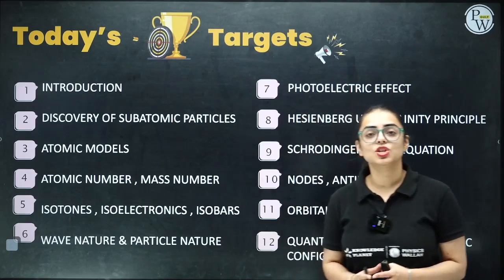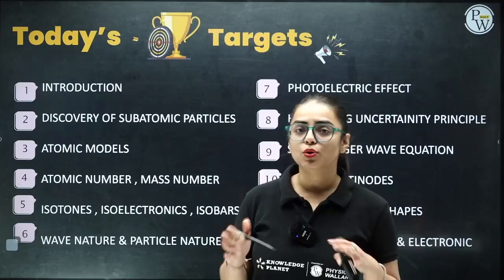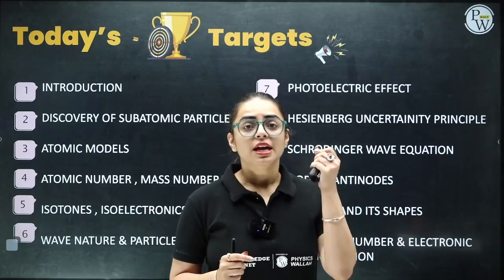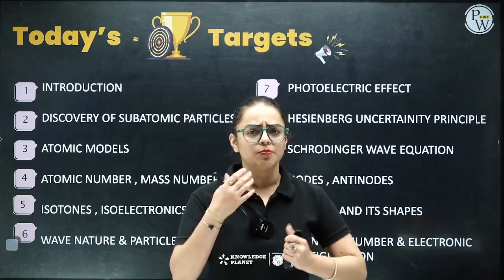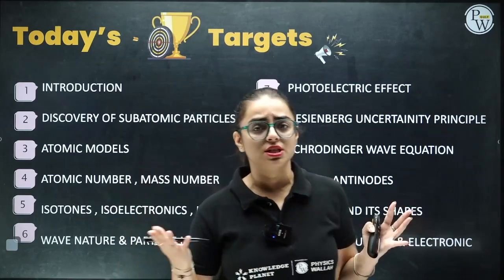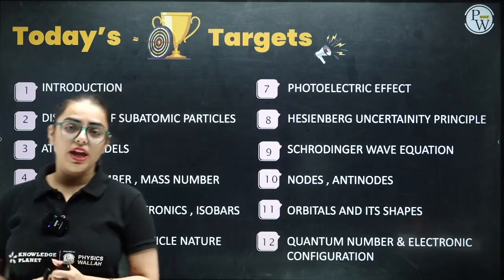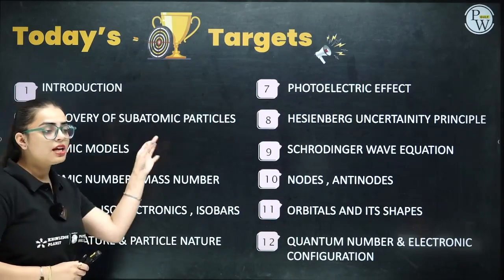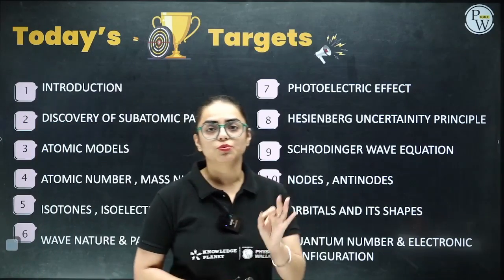After that, students, we shall be covering the wave nature and the particle nature. Both of these natures we are going to understand in depth. With regard to waves, we shall be understanding what is wavelength, what is amplitude, what is frequency, what is velocity. All of these terms will be cleared under the topic wave nature and particle nature. Then comes the photoelectric effect, and after that we have the Heisenberg uncertainty principle.